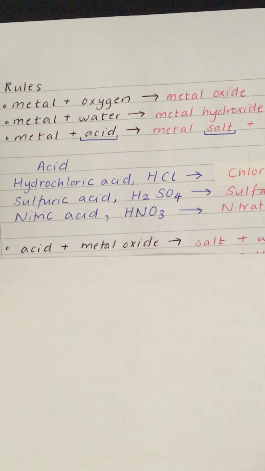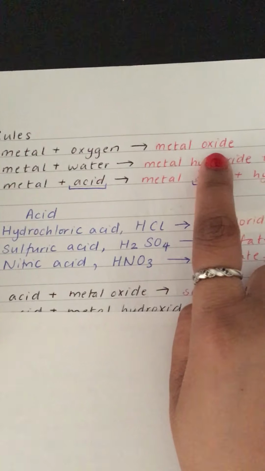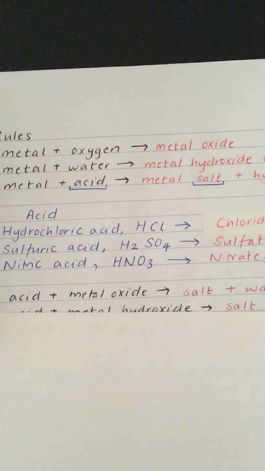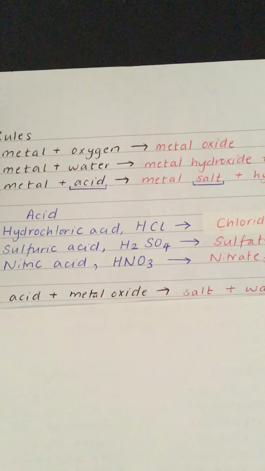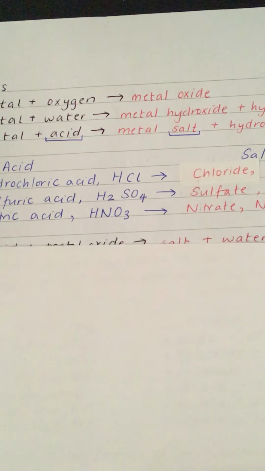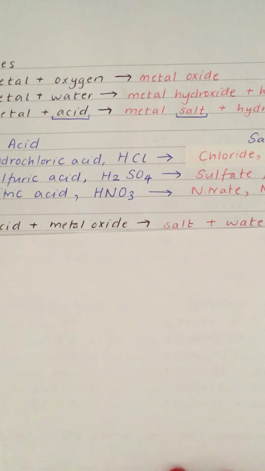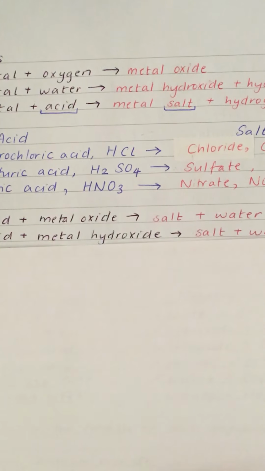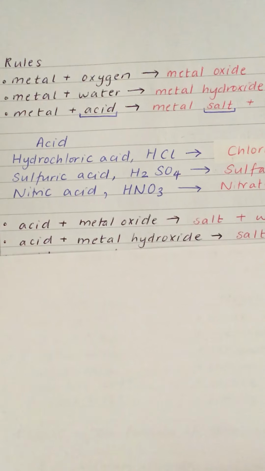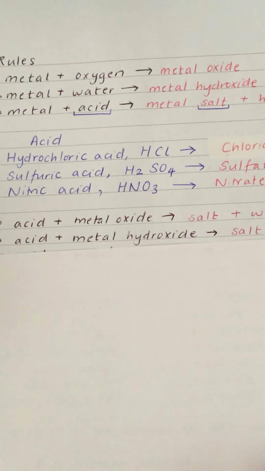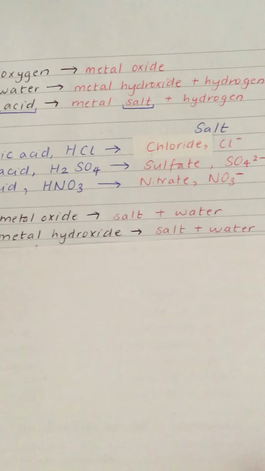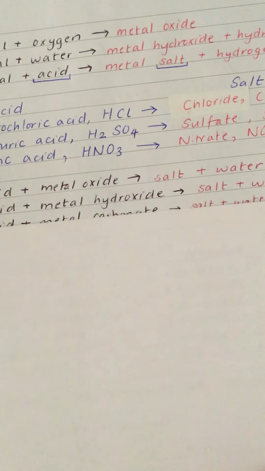Acid plus metal oxide. So say, for example, we took this metal oxide and then reacted it with some acid. What would we form? All right, we'd form salt and water. If we reacted acids with a metal hydroxide, we'd also form salt plus water.